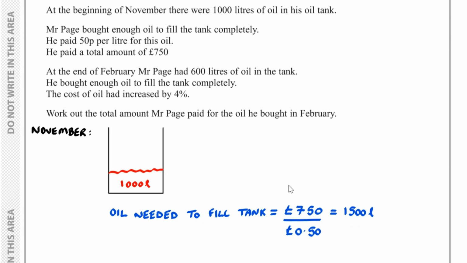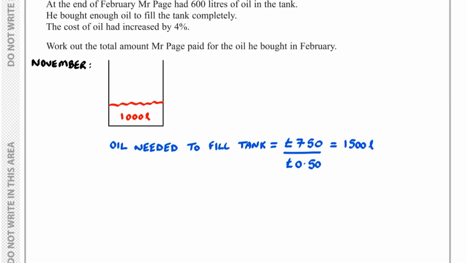So then what's happening is we need another 1500 litres. So let's just add this to our diagram. So here is our diagram, and then we add on another 1500 litres.